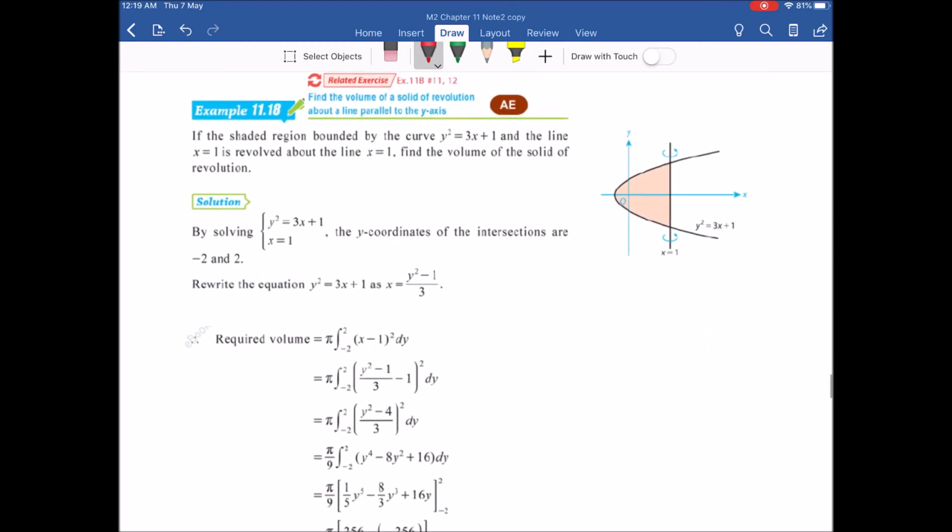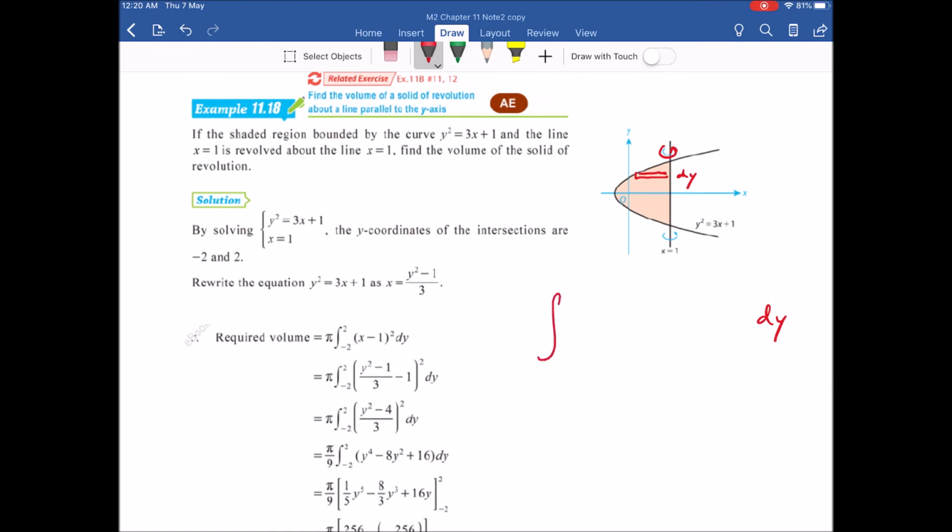And then for this example, okay, rotate along this line. Okay, and then you want to cut this into strips. Okay, so each one is of dy, and the y is just from here.